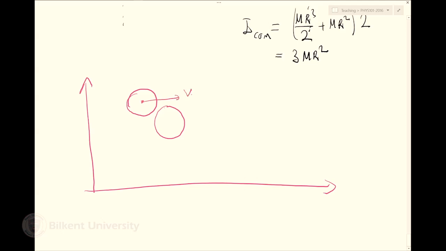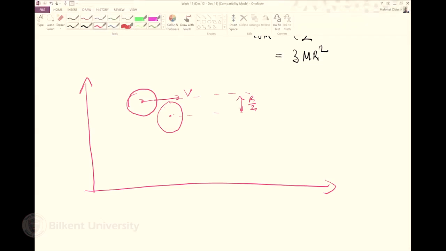This guy has V, and obviously I need to be more careful. The distance is r over 2. So initially, is my disk spinning around itself? It wasn't specified in the problem, so probably it wasn't. Okay.